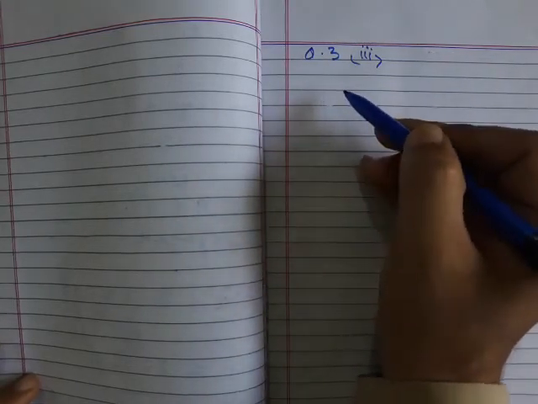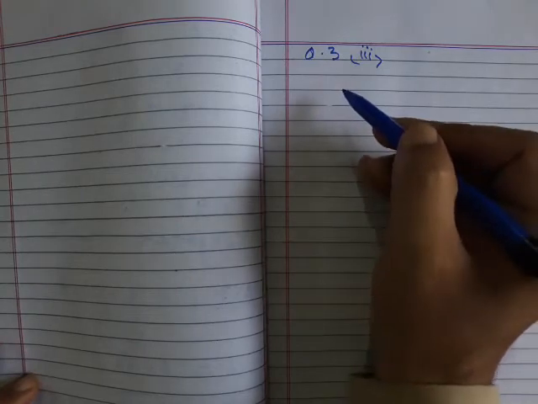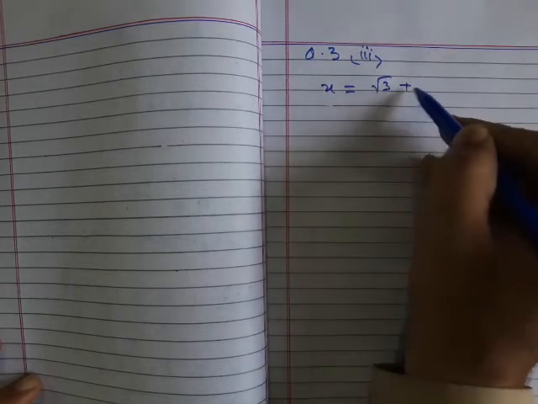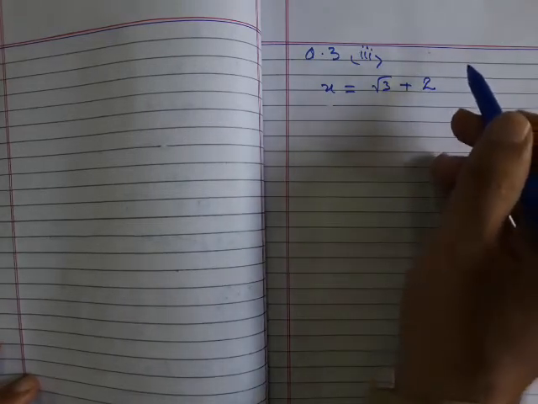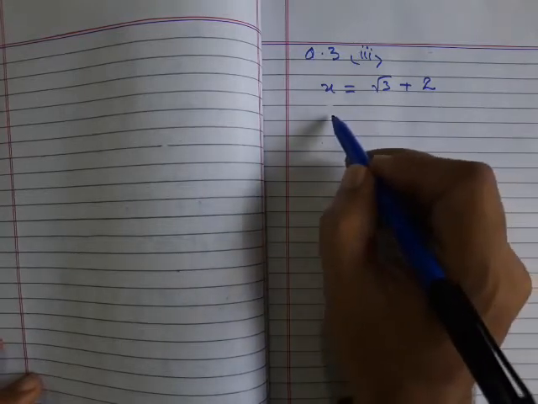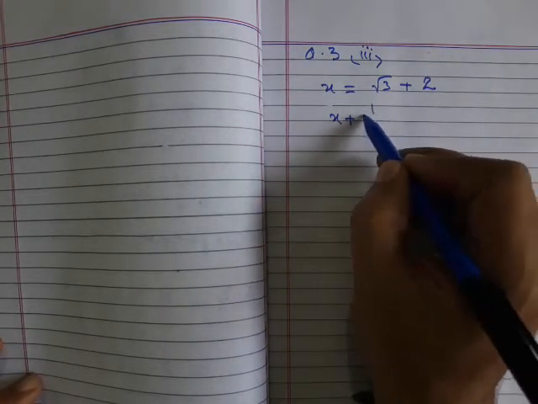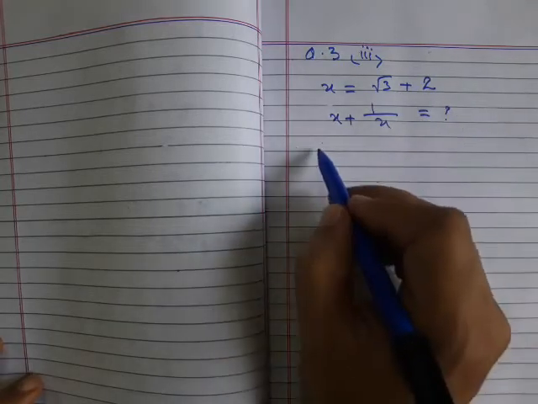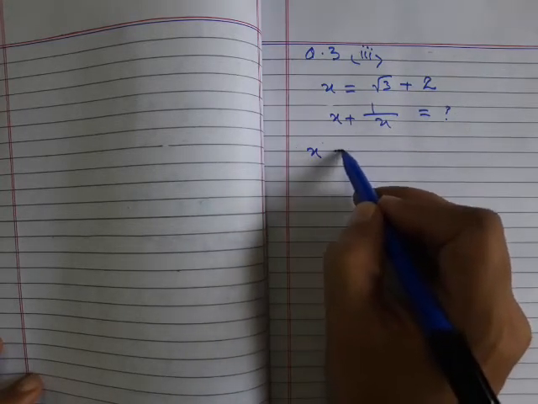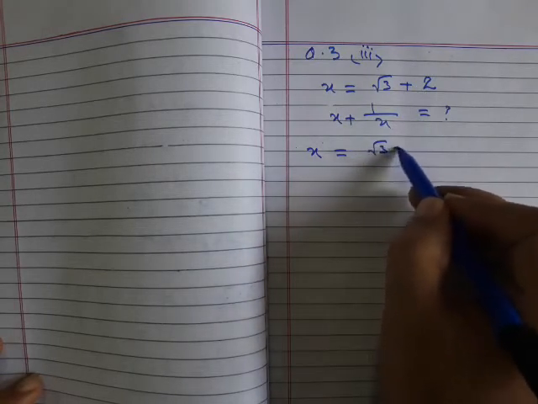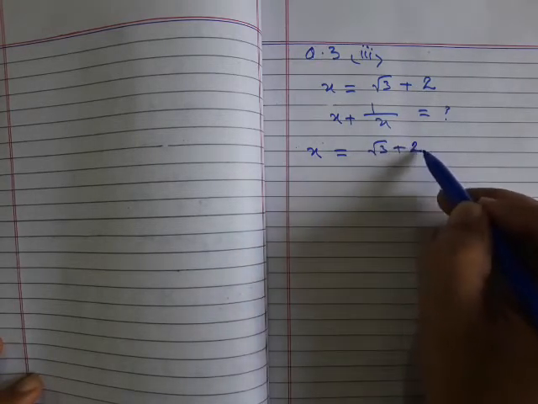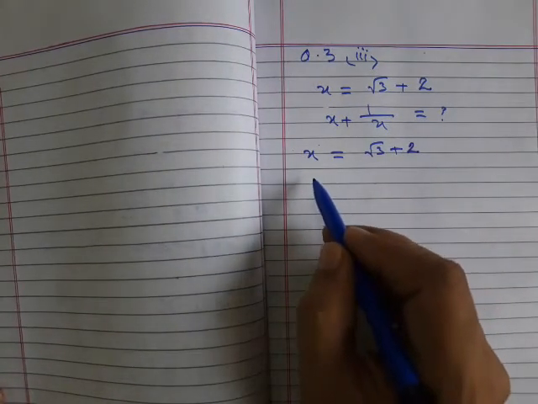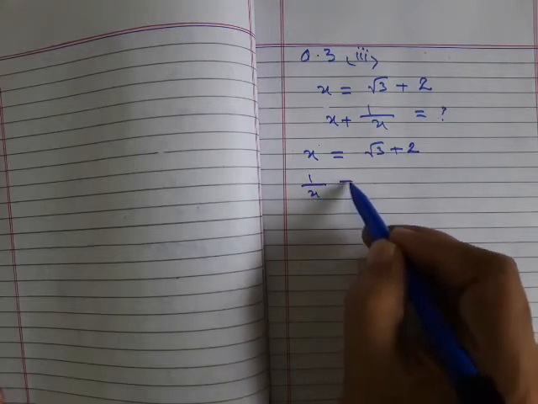Part number 3 now. x is equal to under root 3 plus 2. Then we have to find x plus 1 over x. Same way, write x is equal to under root 3 plus 2. Now take the reciprocal of x, that is 1 over x.